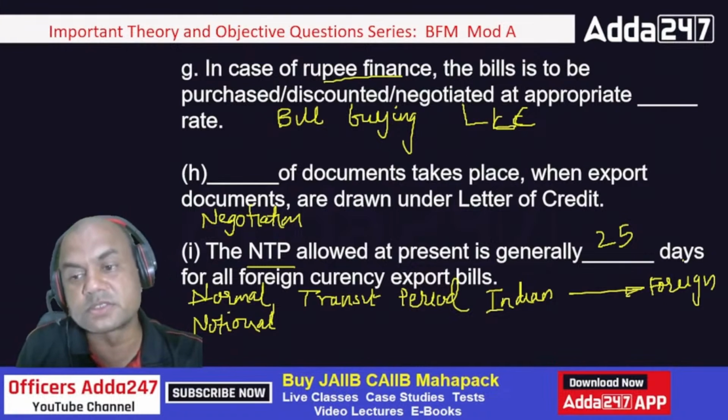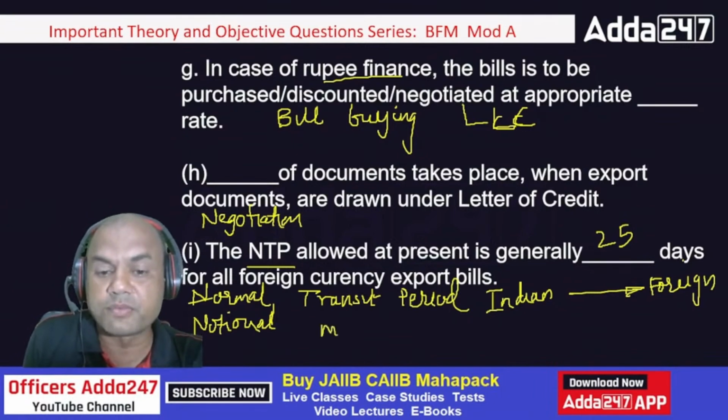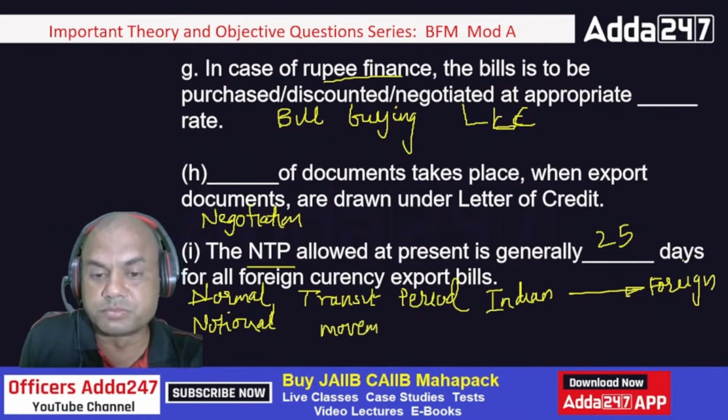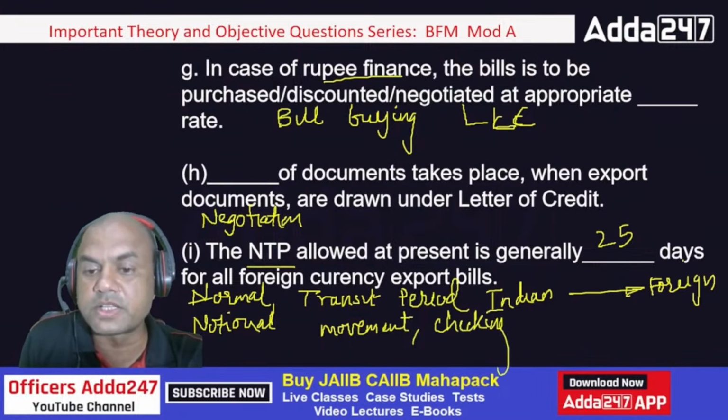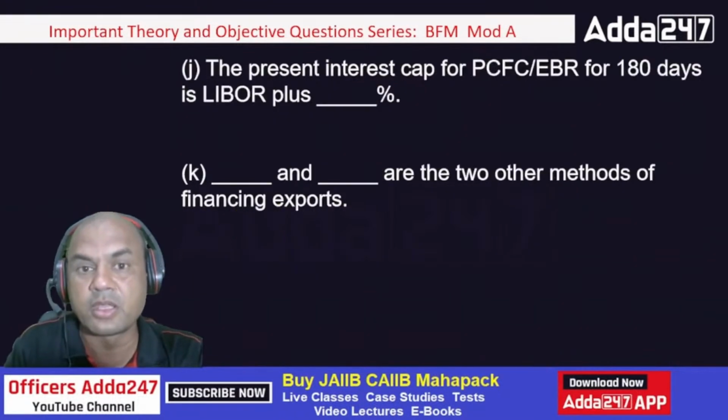Not only these days: the foreign bank checks the documents and then pays. So NTP includes three parts: movement, second checking, and third payment. All three parts are included in NTP, and that is 25 days as per FEDAI.